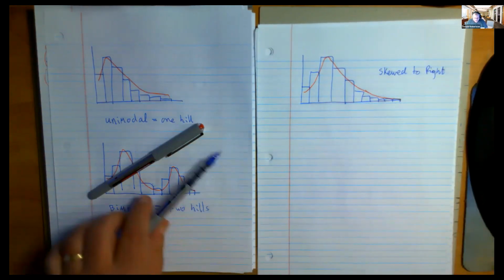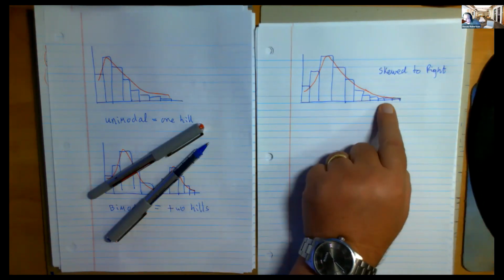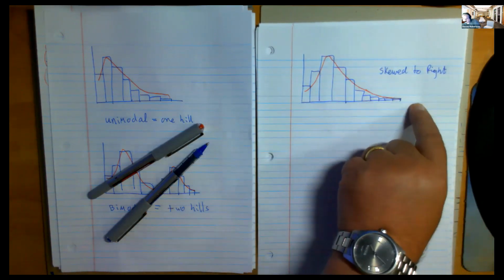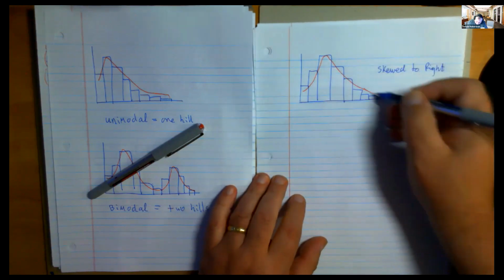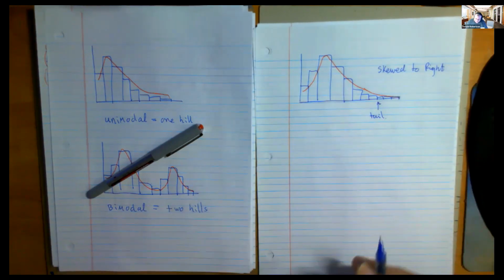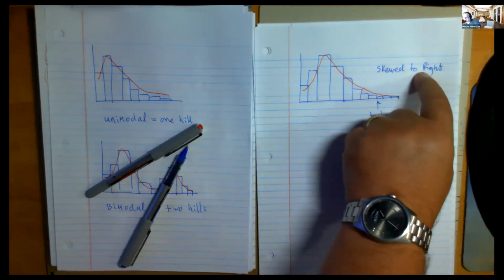So if someone was saying, describe this shape, one of the features that it has is it's skewed to the right. Now you notice it's this piece of the shape here that tells you. This piece of the shape here is called the tail. So if there's a big long tail to the right, it's skewed to the right.